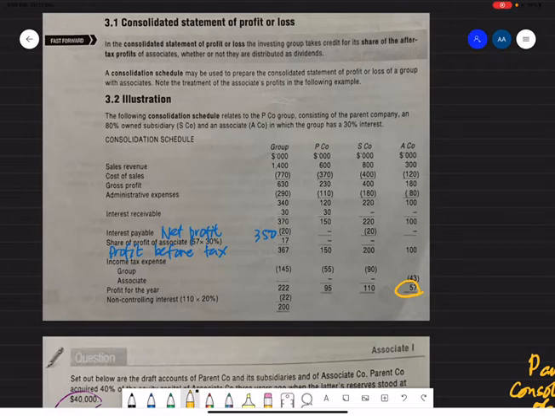Then you will derive the profit before tax, and then minus income tax of the group, and you will get profit after tax. So this is the format.